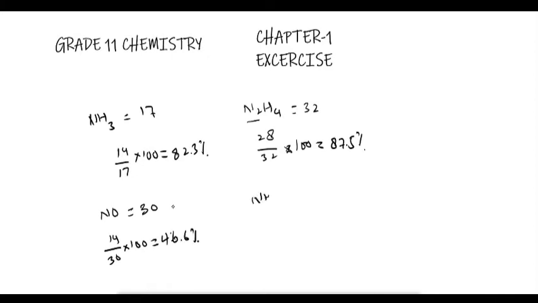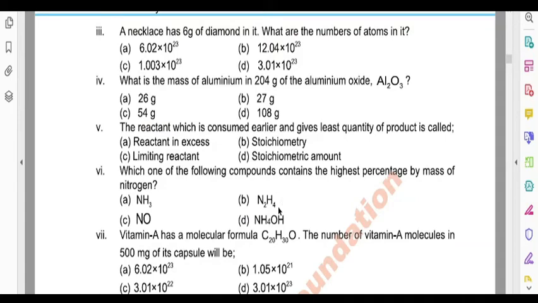And then we have ammonium hydroxide, which is equal to 14 plus 5, 19 plus 16, 35. So out of 35 we have 14 for the nitrogen, multiplied by 100, this is equal to 40%. And so you can see that among all of them, N2H4 has the highest percentage, and that is our option number B. So this is the correct option.